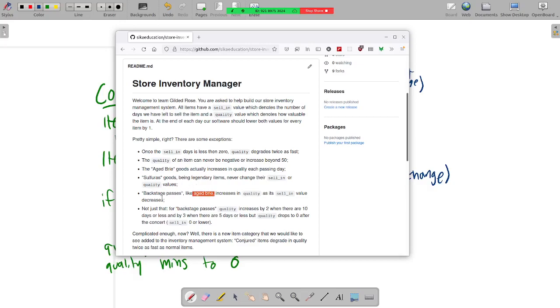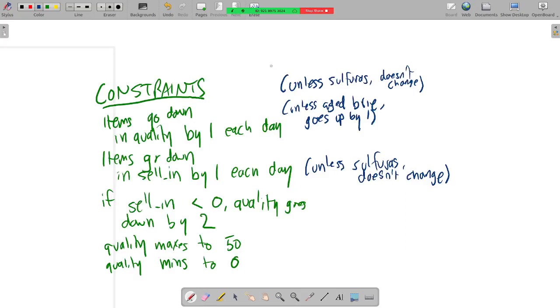So these increase in quality as sell-in value decreases. So that's another change to this. Unless backstage pass, it goes up by 1.